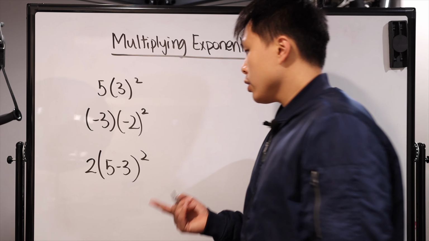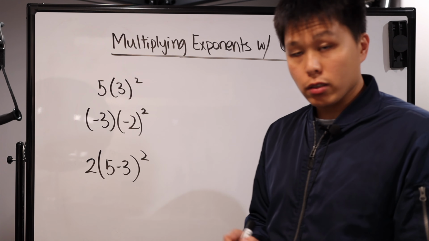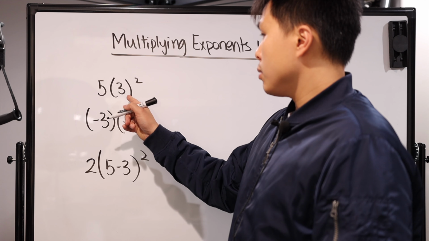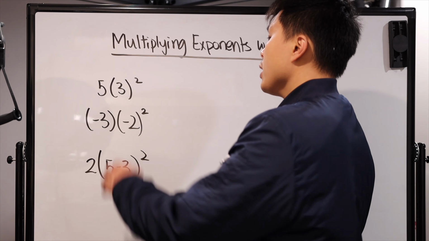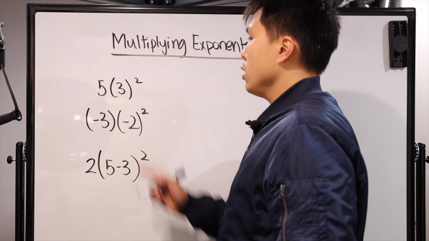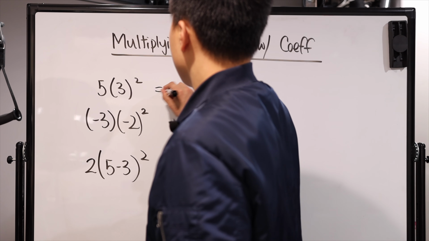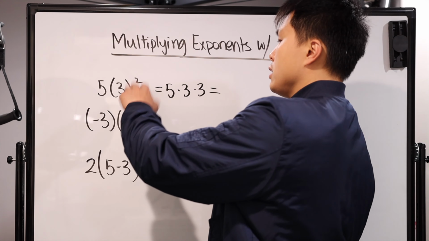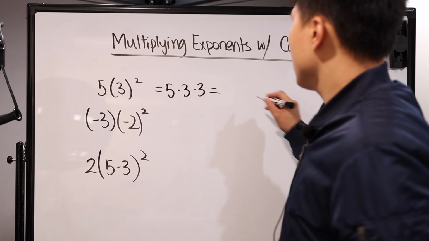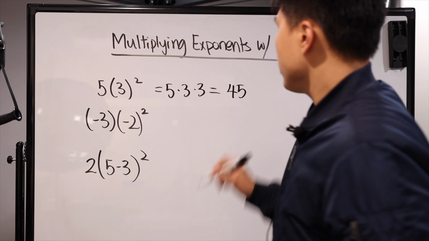Now, for these, here are some examples and potential mistakes. The first one is fairly simple. Write it all out. Usually, if you write it all out, you're going to avoid mistakes, but you've got to evaluate the exponent first. So it's basically 5 times 3 times 3, or you can immediately see 3 times 3 is 9, and then that's going to be 45.